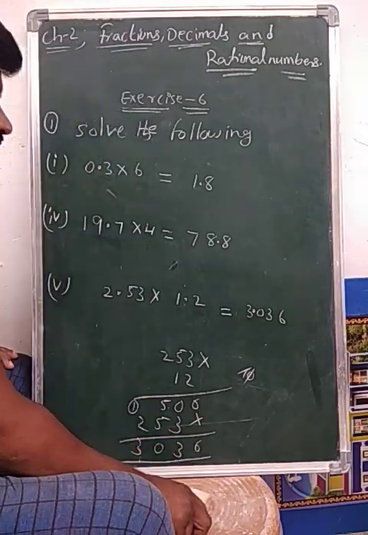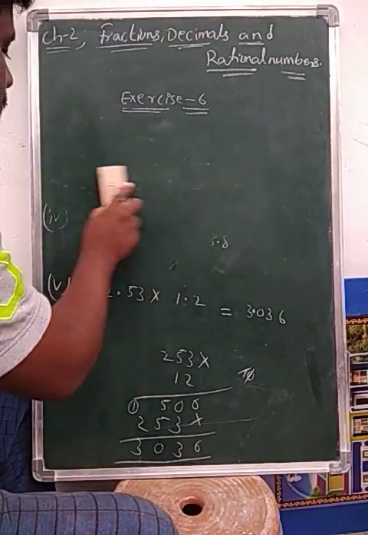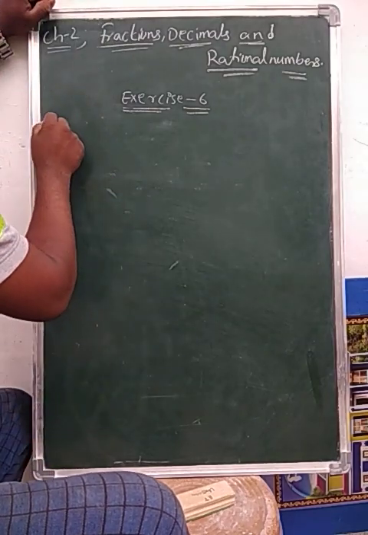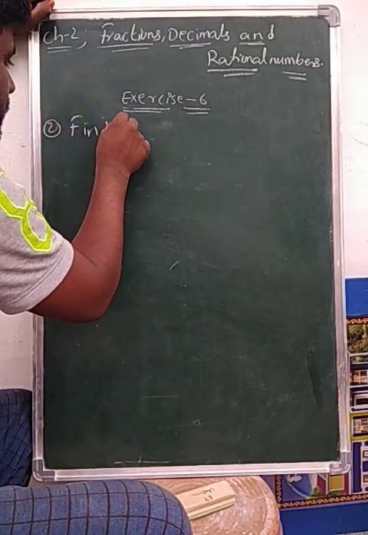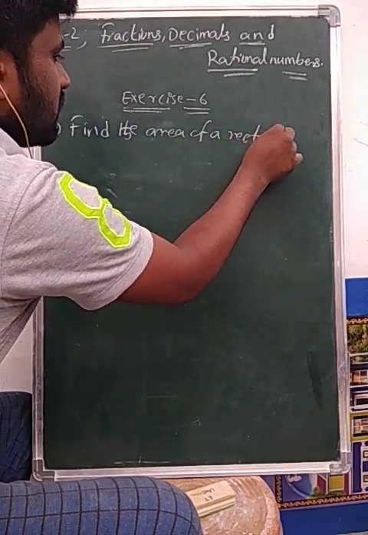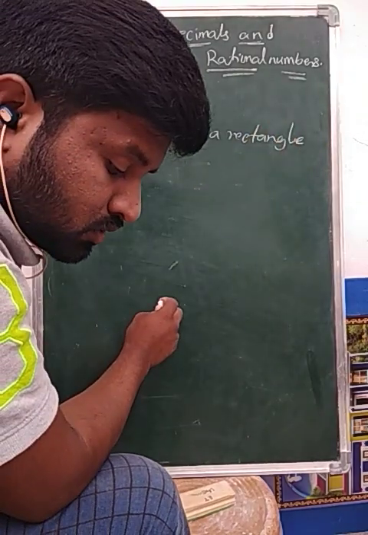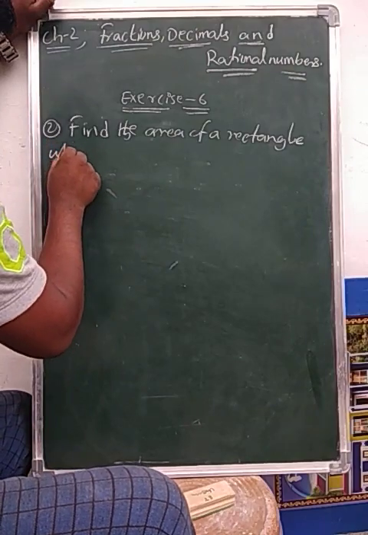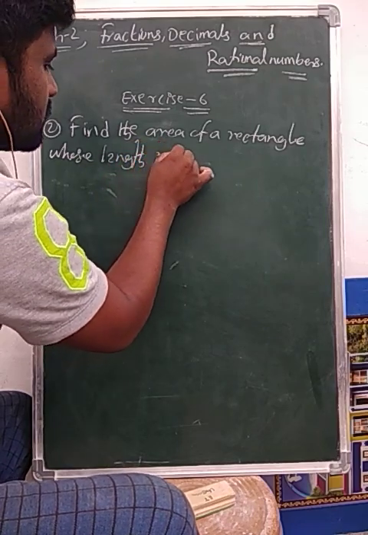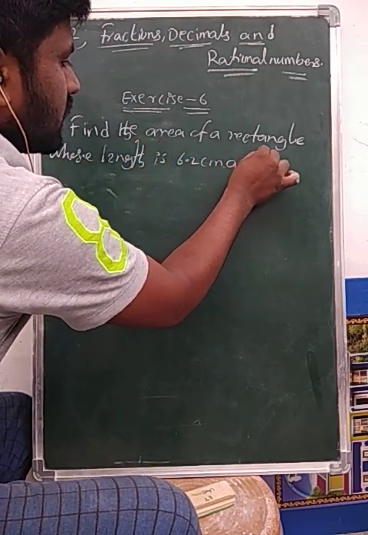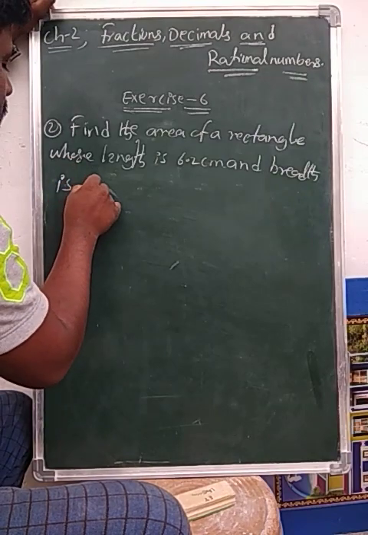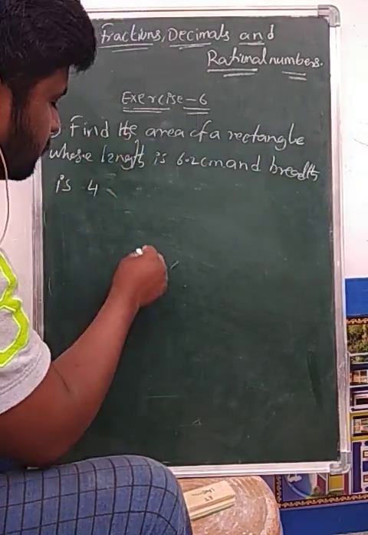Okay. Now see the second question. The second question is given: find the area of a rectangle whose length is 6.2 centimeter and breadth is 4 centimeter.